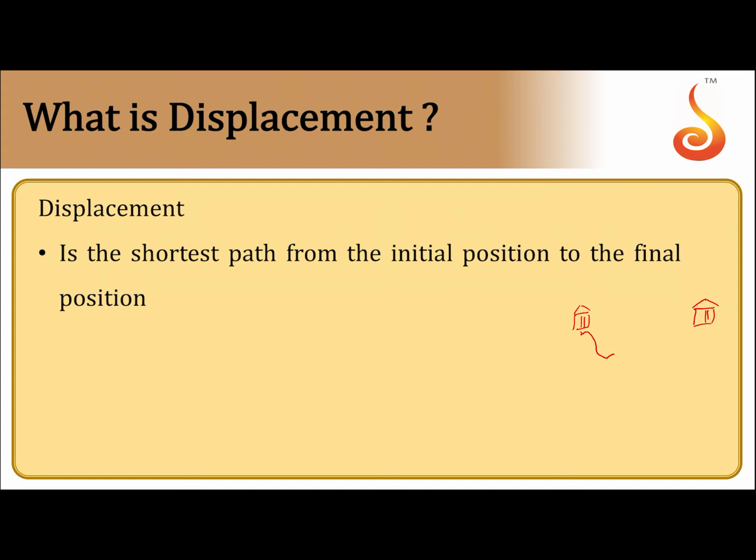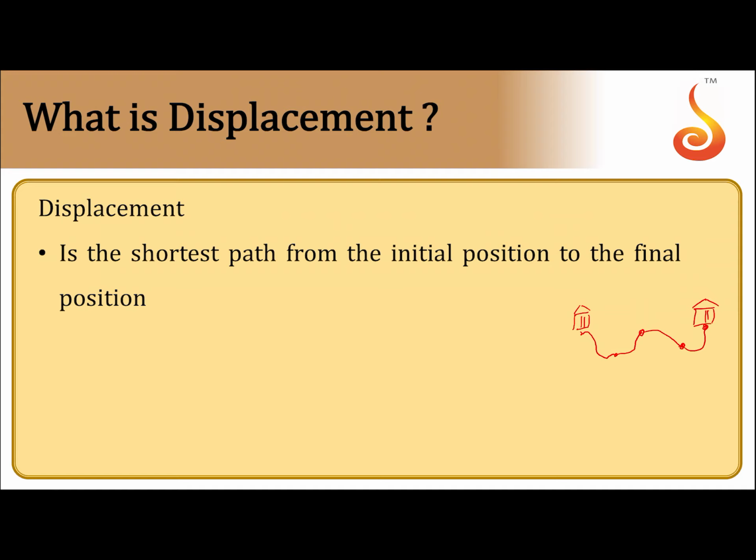Typically, you will not go to your home directly from college, right? So, you will stop here, you will go to a small snacks bar and then you will go to your friend's house to drop him, and then you will just have a peep at the corner ground where they are playing and all, and then finally you will reach your house. So, this is the actual path taken up by the child.